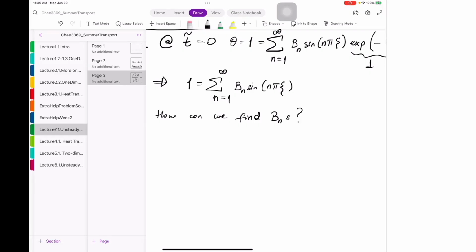Remember that we solved a similar problem and we were able to decouple each and every Bn in that problem. We had a series sum of Bn's or An's, whatever, and we were able to find each Bn by using orthogonality.